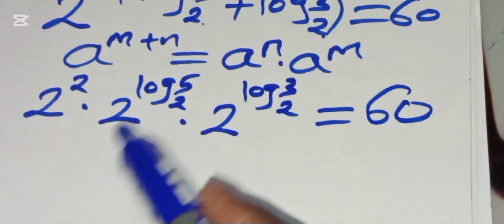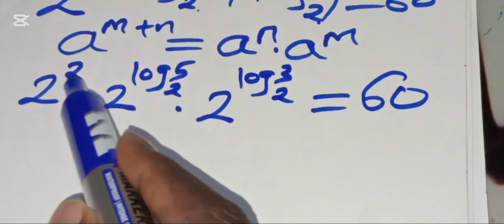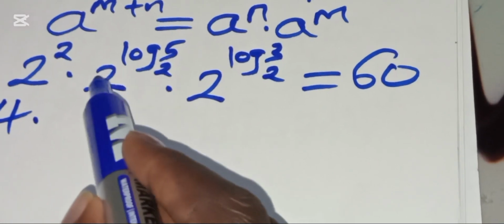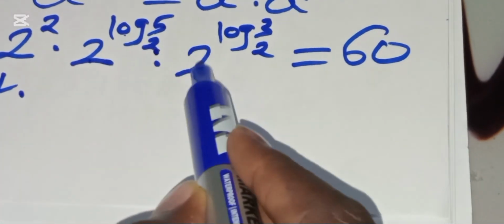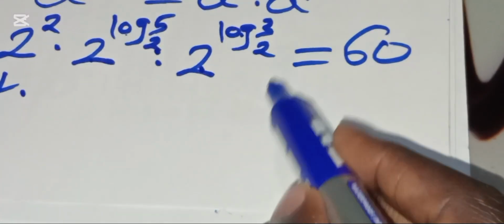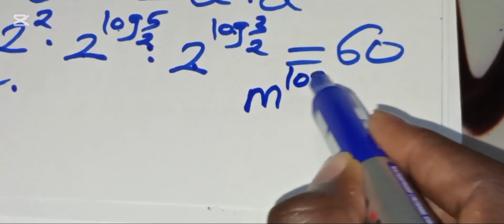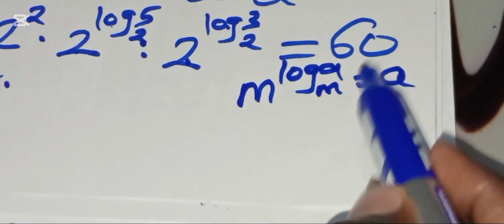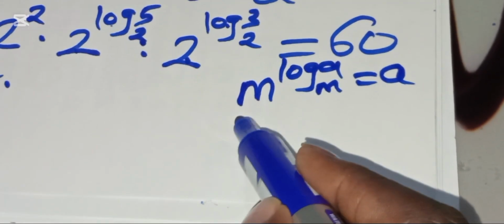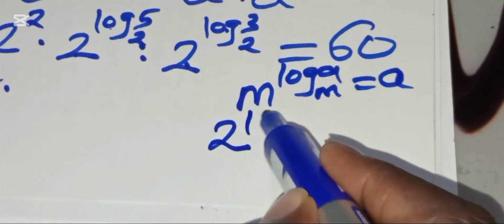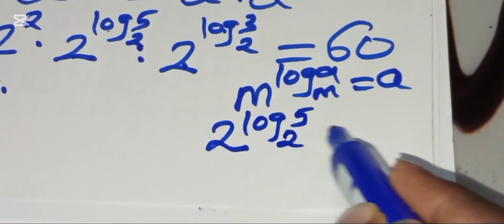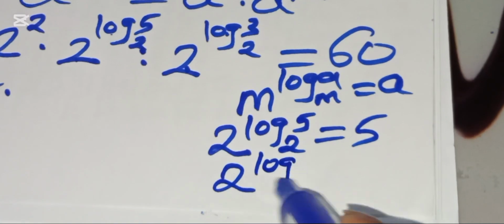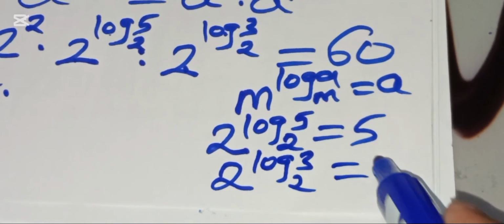Now 2 raised to power 2 is the same thing as 4, multiplied by 2 raised to power log 5 to base 2 and 2 raised to power log 3 to base 2. This is in the form of m raised to power log a to base m, which is essentially equal to a. So 2 raised to power log 5 to base 2 is 5, and 2 raised to power log 3 to base 2 is equal to 3.